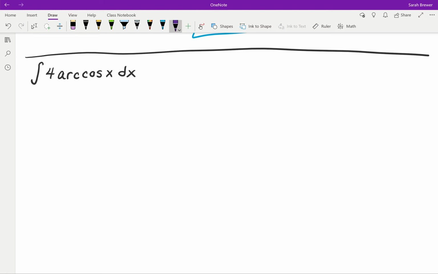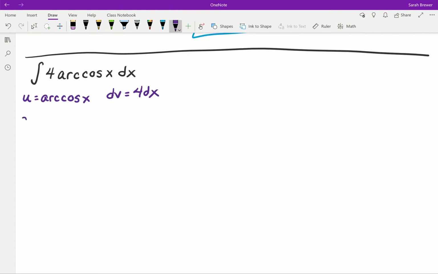And so let's do an integration by parts. Well, again, since I don't know how to integrate arc cosine, that's going to have to be my u. So I'm going to choose arc cosine x to be my u, and then my dv is everything I'm left with, so 4 dx.